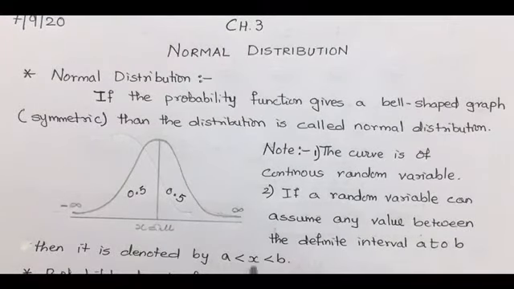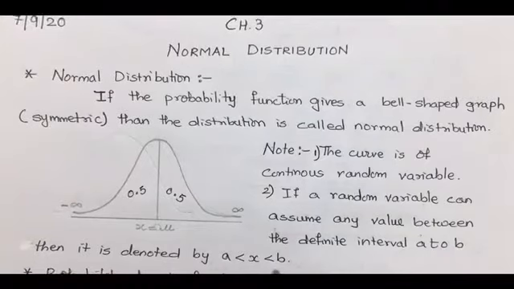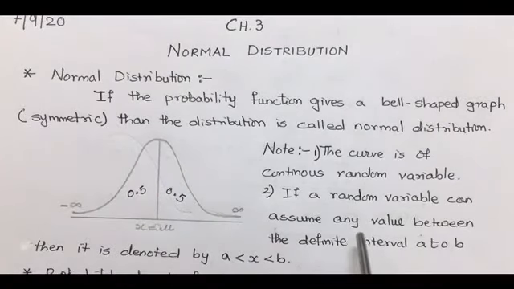That means the random variable x will take the value from the interval. When x is taking the value from the interval, we always consider it to be continuous. And this discussion we have done already in chapter number 2 while discussing discrete and continuous. So as it is meant for continuous random variable, it will always take the value within the interval given, all the values within the interval.